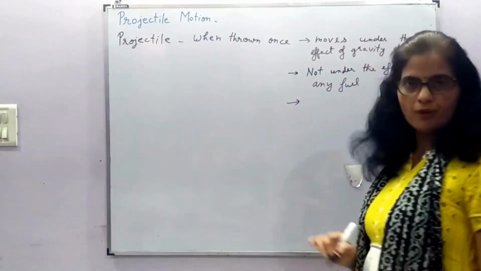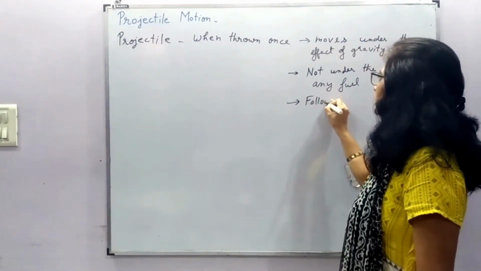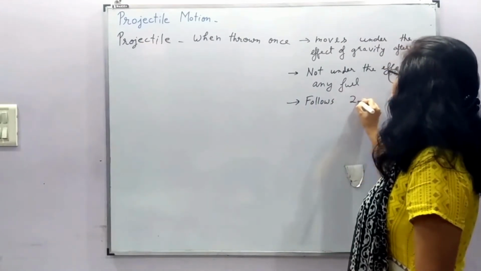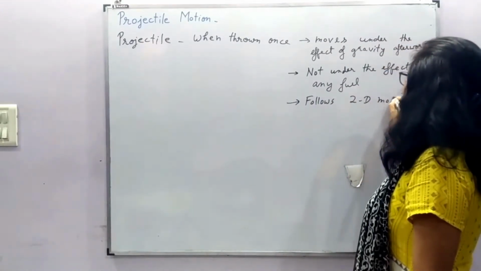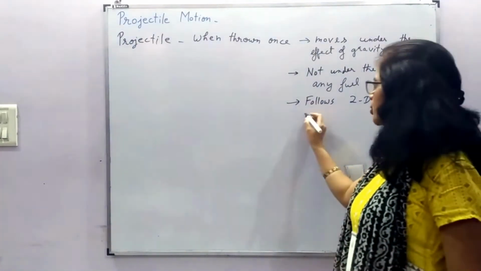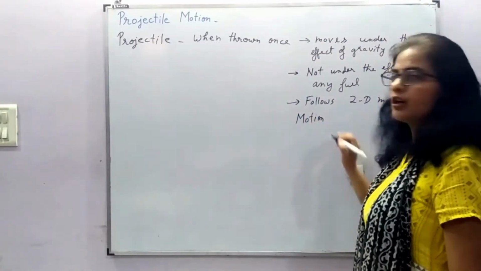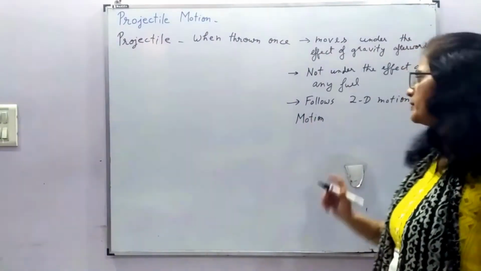Third thing which is very important is that it follows 2D motion. That means you can say that this motion is a combination of horizontal as well as vertical motions.